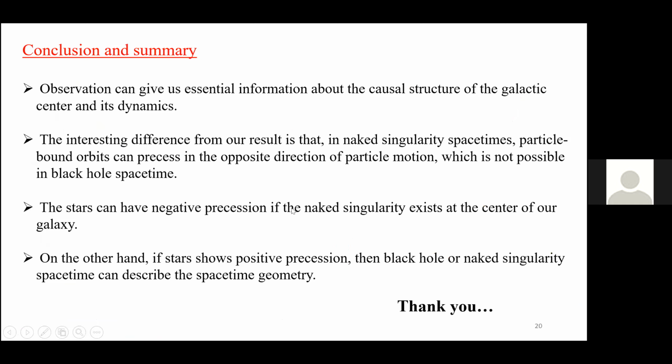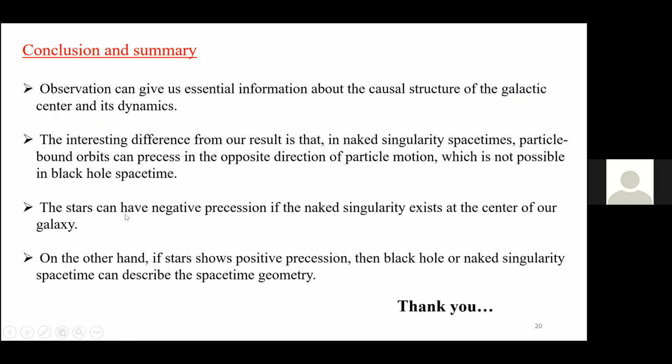And the conclusion of my talk is that the observation can give us essential information about the causal structure of the galactic center and its dynamics. The interesting difference from our result is that in naked singularity spacetimes, the particle bound orbit can precess in the opposite direction of the particle motion, which is not possible in black hole spacetime.